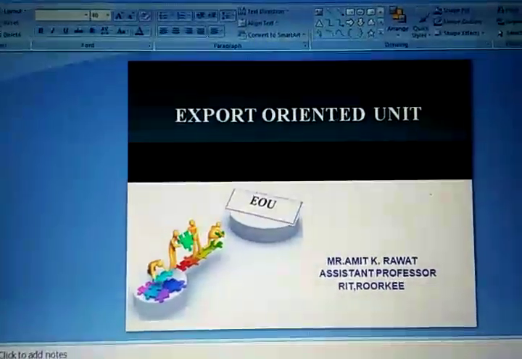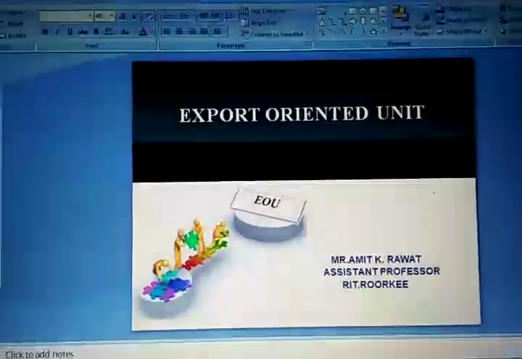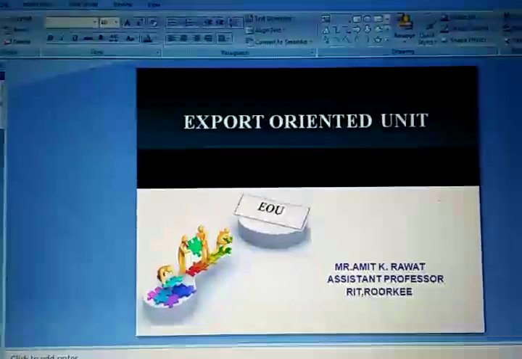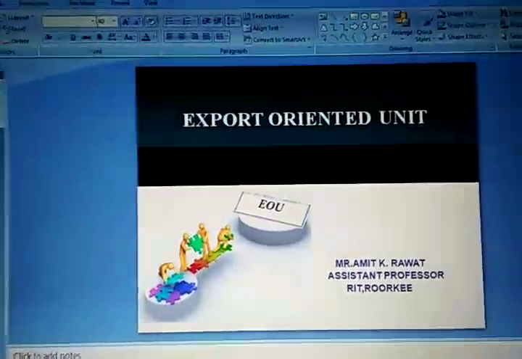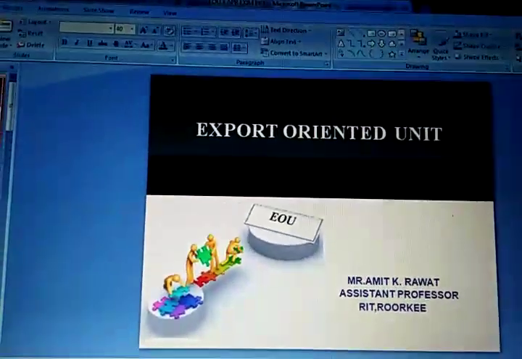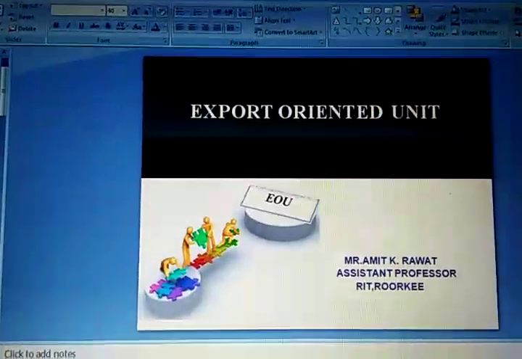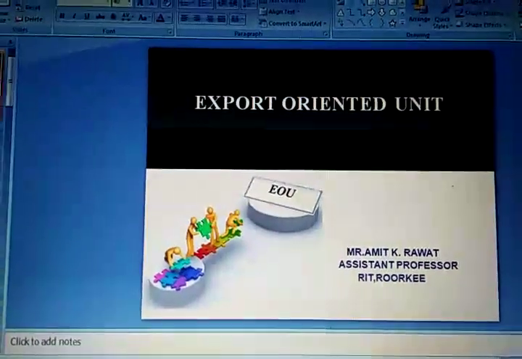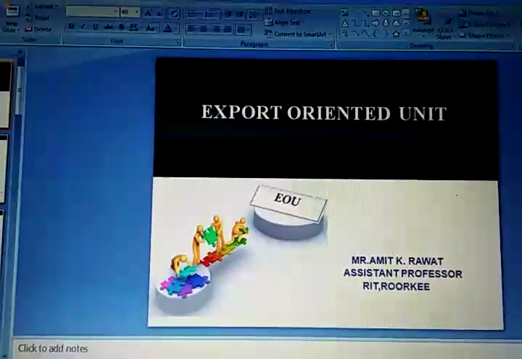Whenever you study the concept of export, import procedure and documentation, and export, import, financing, and documentations, then you study the concept of EXIM. In EXIM you also discuss EOU.